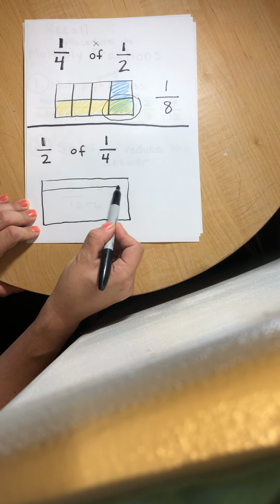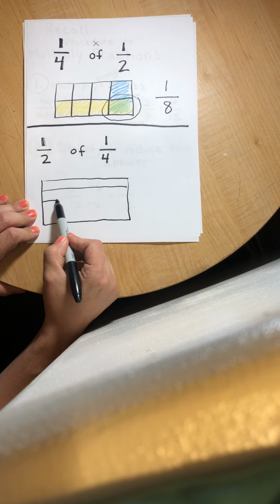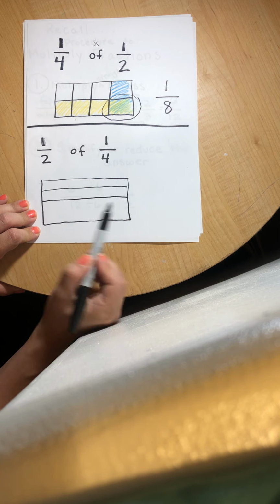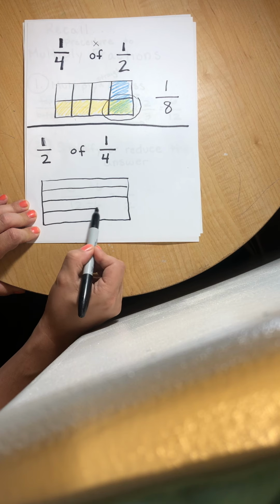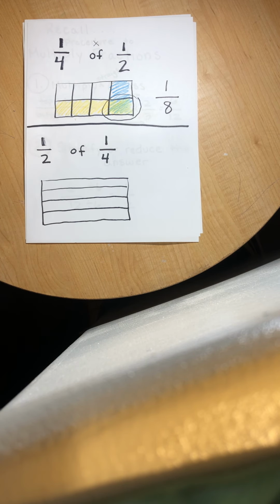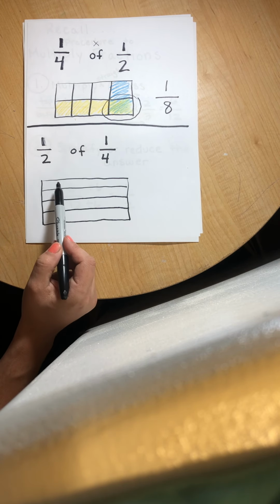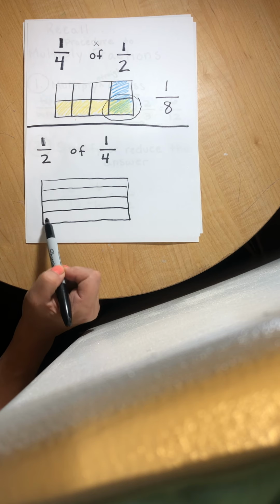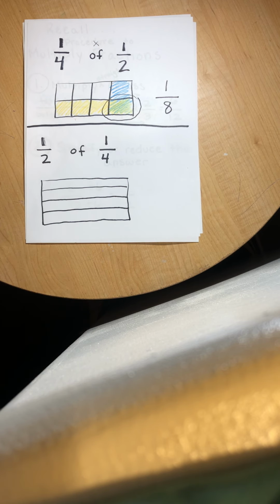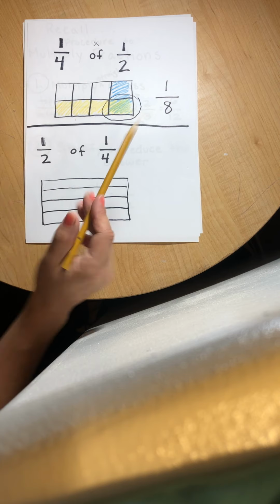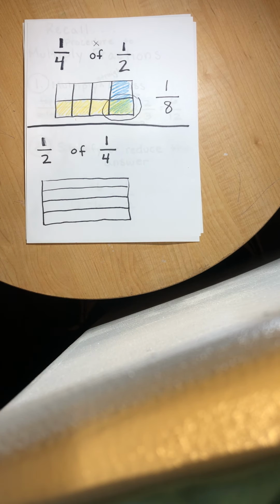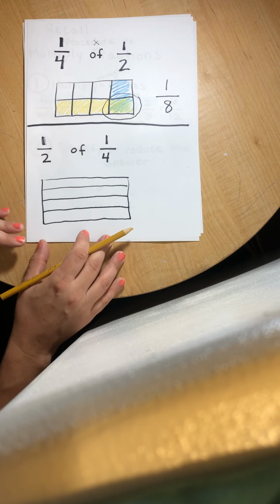And when you're drawing these, it doesn't have to be perfect. All right, that is 4 equal portions. 1, 2, 3, 4. We're going to shade one of them because we only want to talk about 1/4.